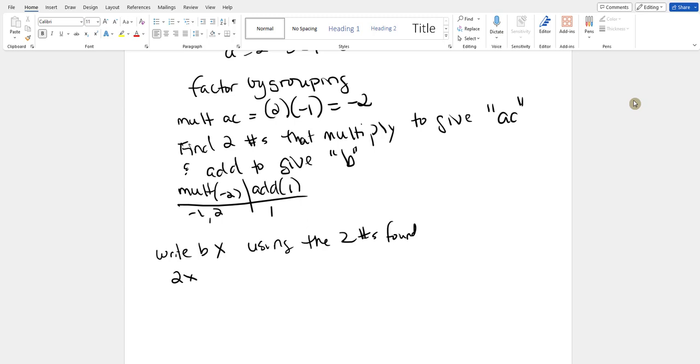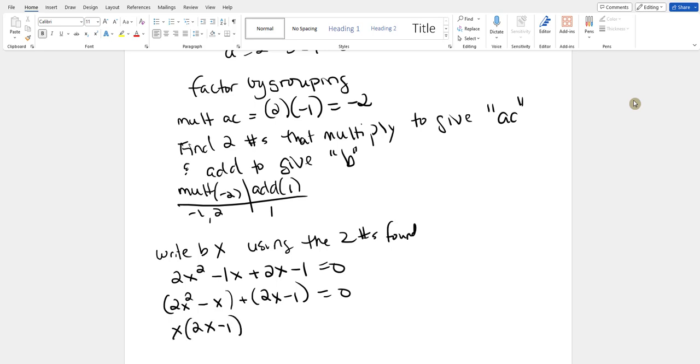So I'm going to have 2x squared minus 1x plus 2x minus 1 equal to 0. And then I have four factors, so I'm going to factor by grouping. I'm going to group the first two, and then I'm going to group the second two. When I look at this first group, it looks like the common term is x, so I can factor out an x.